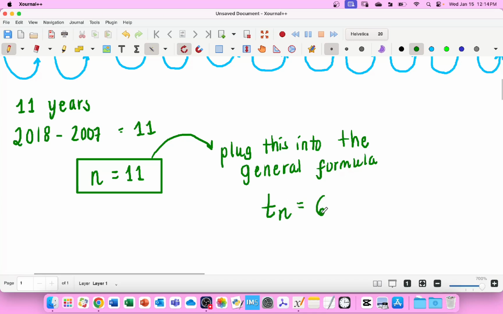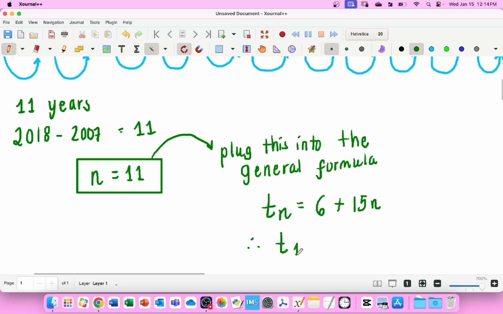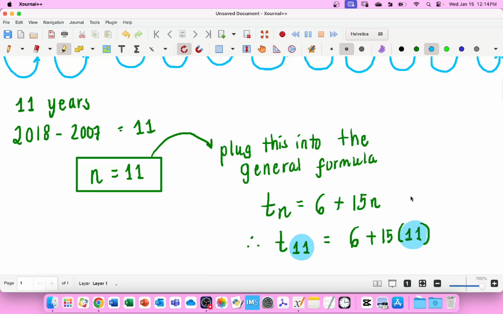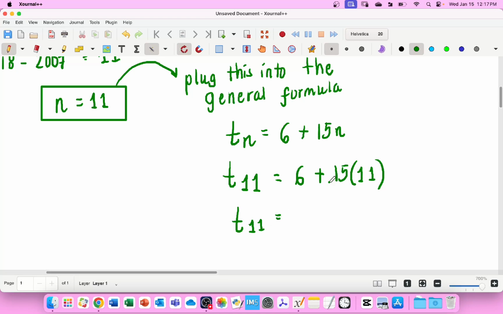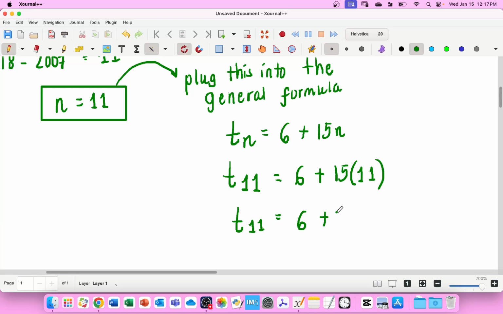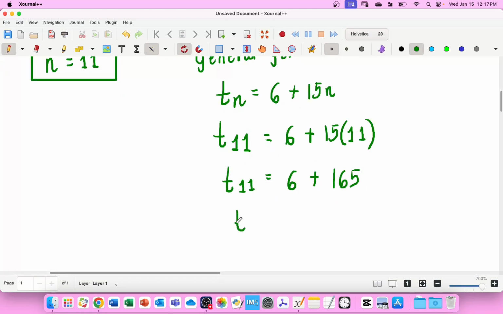Therefore, T11 has to equal 6 plus 15 times 11, because we replace n in that general formula. And so that ends up being 6 plus 165.